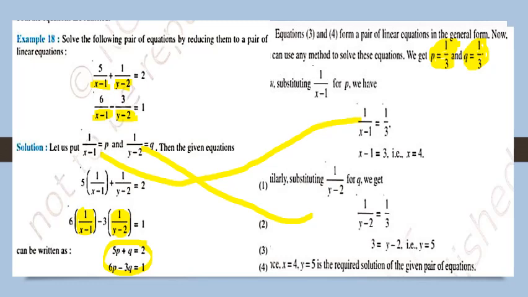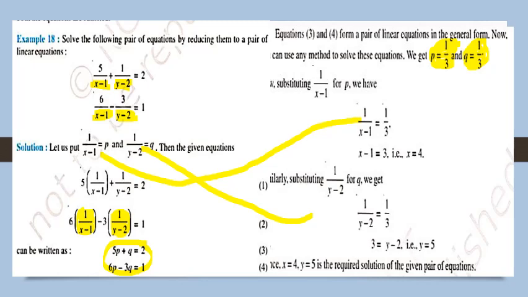Just now we have seen that we write 1 upon x minus 1 equals p and 1 upon y minus 2 equals q. So the equations become 5p plus q equals 2 and 6p minus 3q equals 1. Now if you solve equations 3 and 4 by any one of these methods, you will get p equals 1 upon 3 and q equals 1 upon 3.